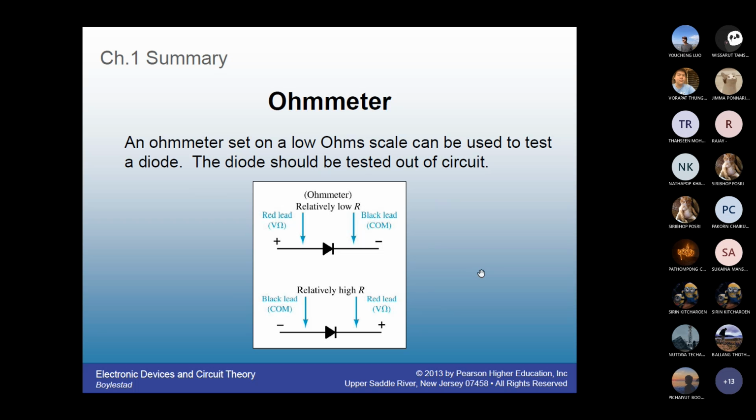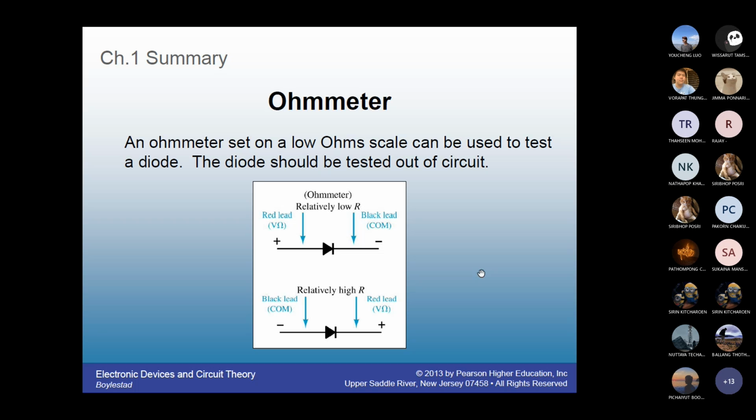You want to check with an ohm meter. If you don't have the diode checking mode and you want to use the multimeter as an ohm meter, or you have an ohm meter, set it to a low range scale. If you put the red probe on the anode and the black probe, which is the ground probe, on the cathode side, this is in a forward bias manner, and it should show a relatively low resistance, as if the current is passing.